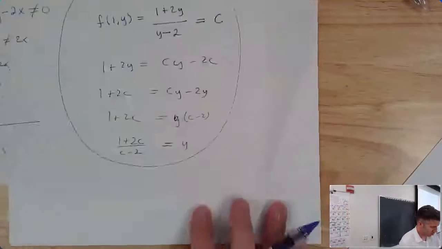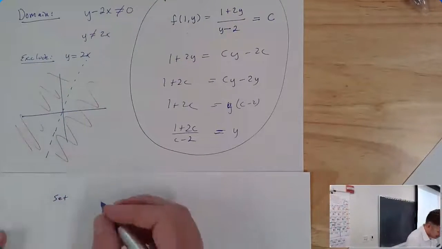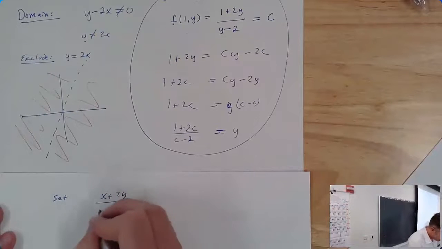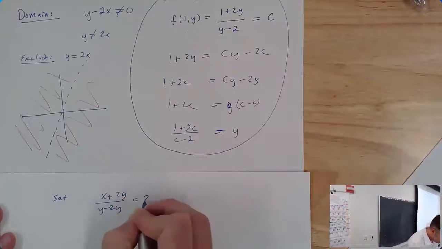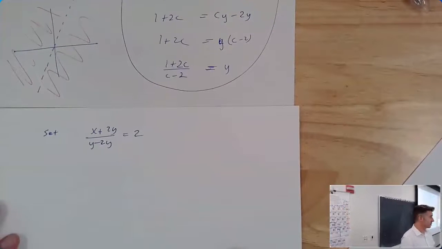What we're going to do, and we've already done this before, is set the function equal to the one thing I couldn't get. And then I'm going to try and figure out, is there a solution to this? Whether or not you can or cannot be in the range.